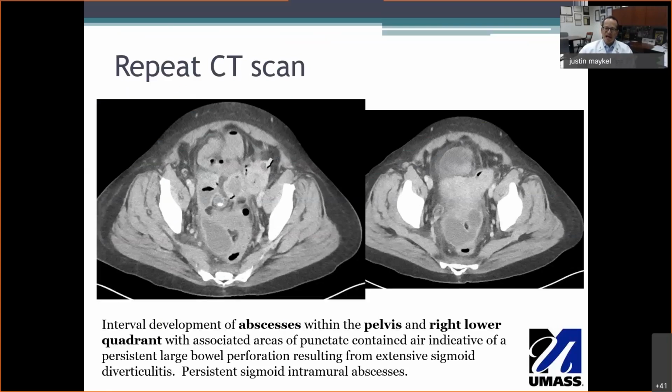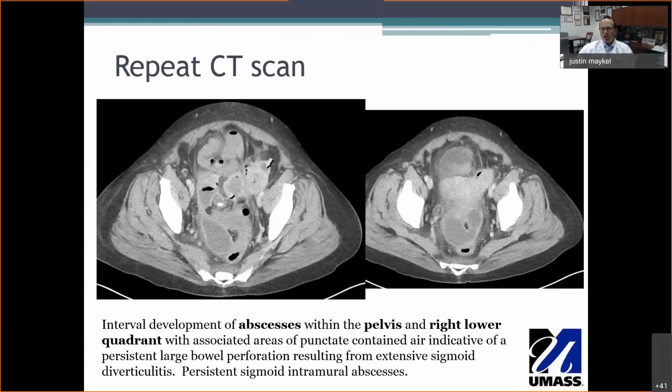Instead of having a persisting, well-contained 2.5 centimeter intramural abscess, that abscess ruptured, and she had developed not only ongoing abscess, which you can see in the left photo, but now she had free fluid and rim-enhancing collections, both in the right lower quadrant and in the pelvis.